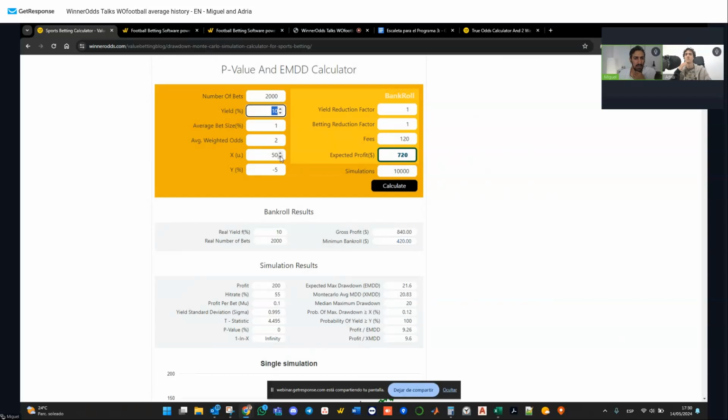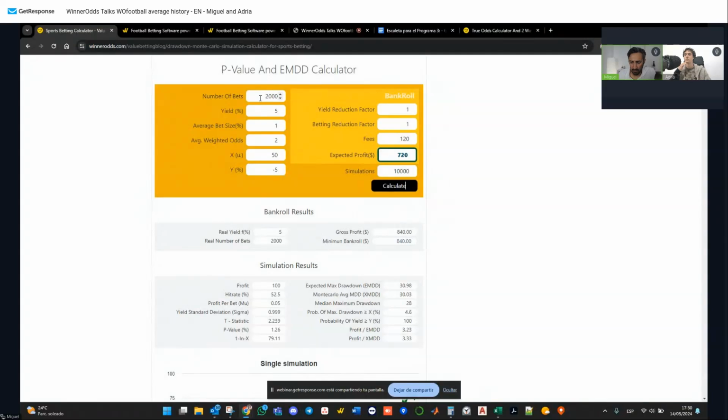Okay, so if after 2,000 bets at these odds and this expected long-term yield, you are getting minus 5%, then this is probably not the long-term yield. If it is, for example, 5%, how rare is this? So even minus 5% is very, very low after 2,000 bets.